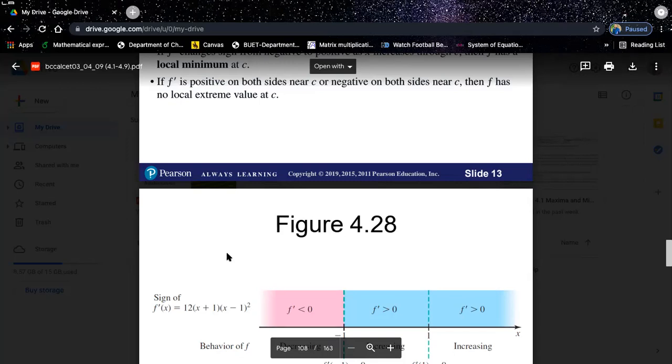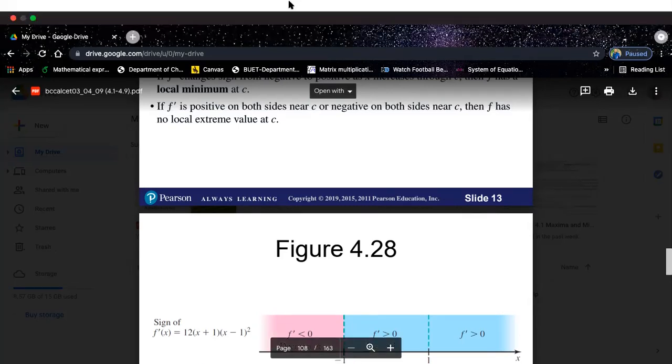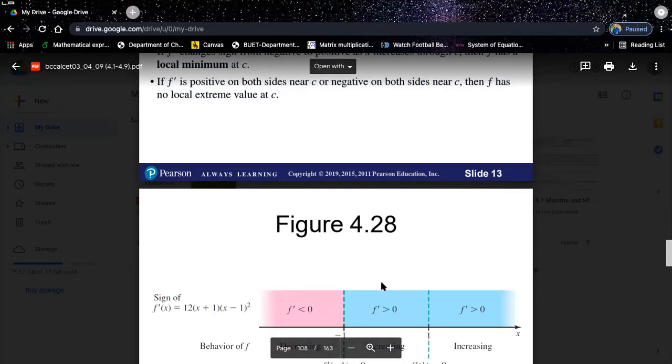Anyone? Can anyone think of anything? What can be done here? So then you would set those equal to 0. Set this equal to 0, exactly.